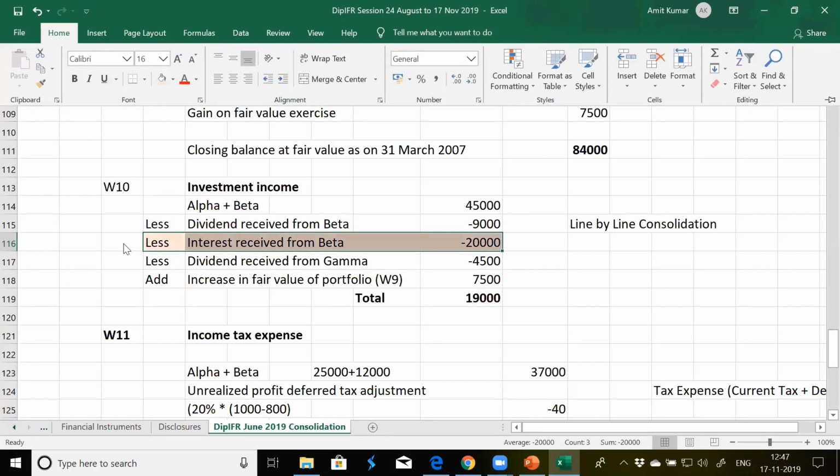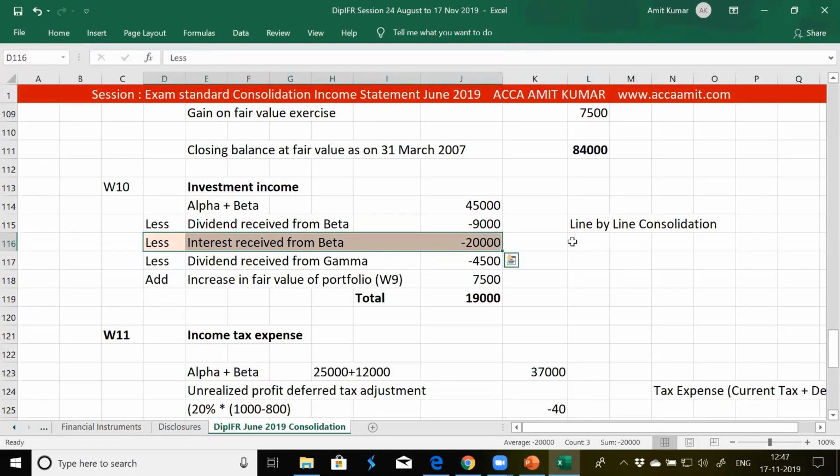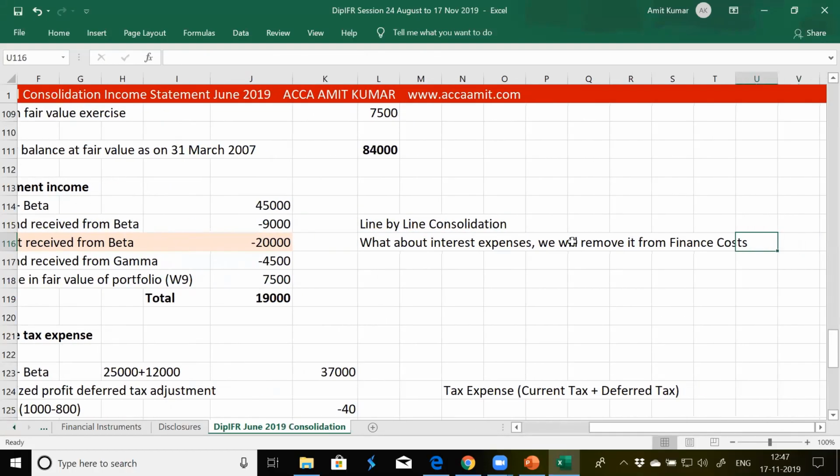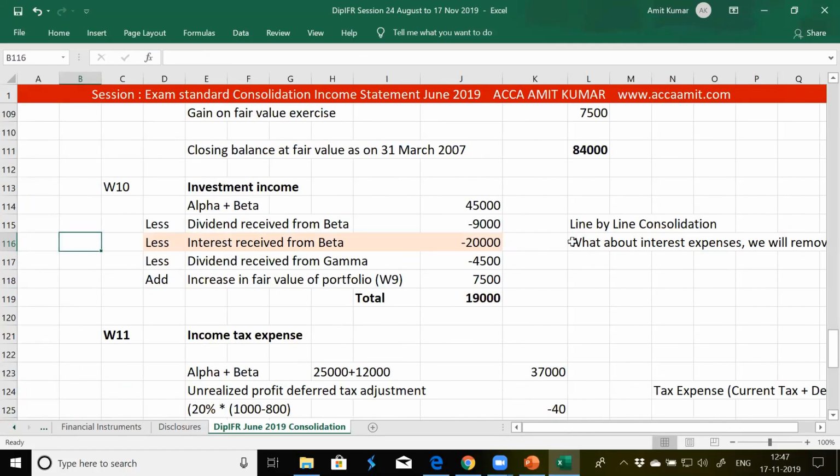But what about the interest expense recorded by other party? Where will we remove it? We'll remove it from finance cost. Is it fine? One side we have removed asset of one entity, liability of another, income of one, expense of another. Gets cancelled on consolidation. So this is income received from beta.